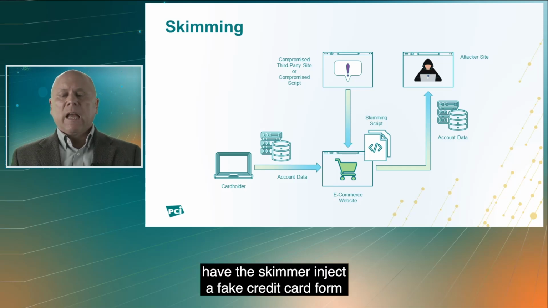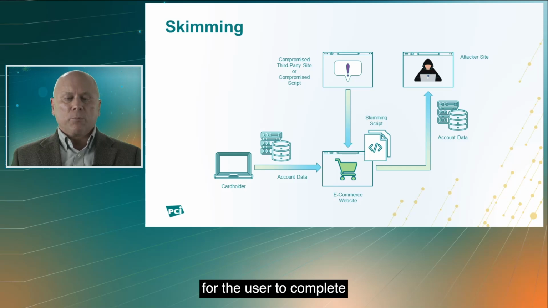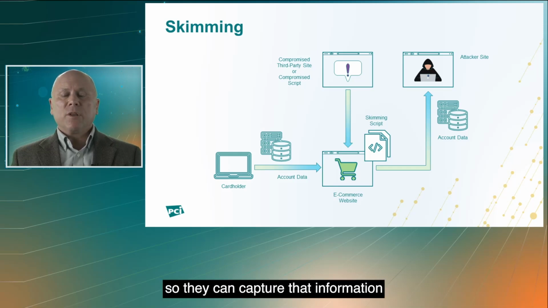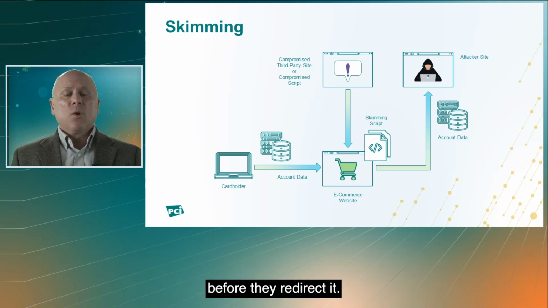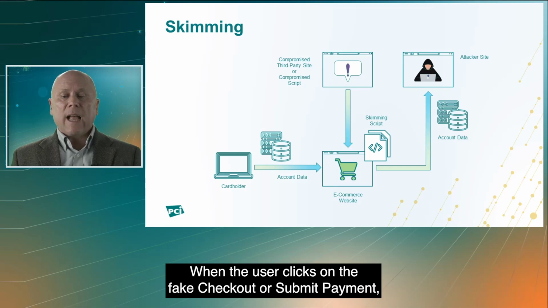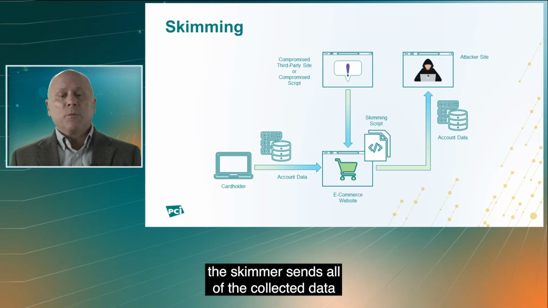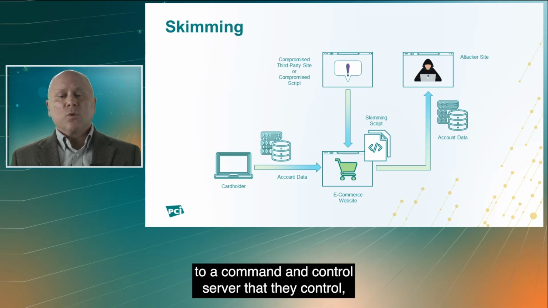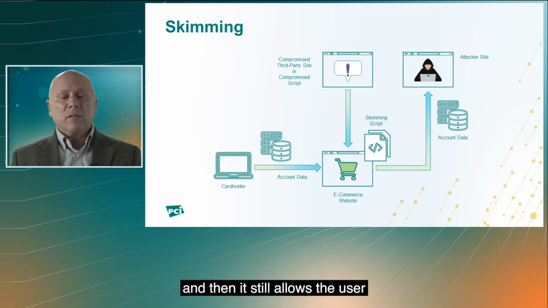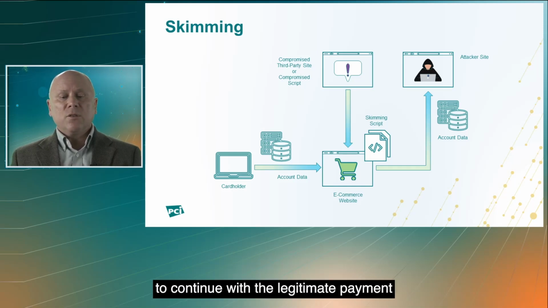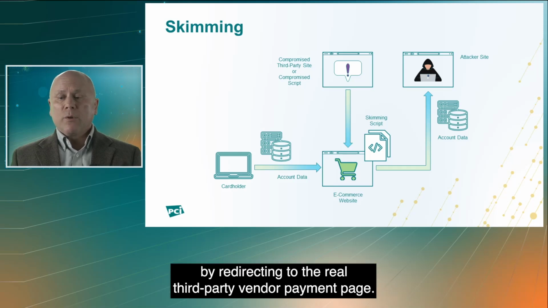Have the skimmer inject a fake credit card form for the user to complete so they can capture that information before they're redirected. When the user clicks on the fake checkout or submit payment, the skimmer sends all of the collected data to a command and control server that they control. And then it still allows the user to continue with the legitimate payment by redirecting to the real third-party vendor payment page.